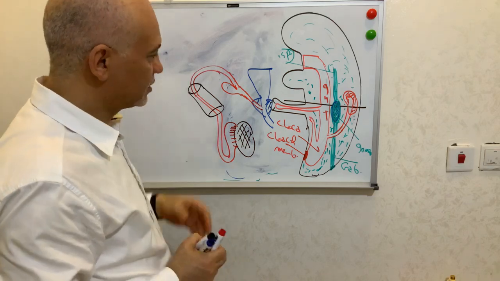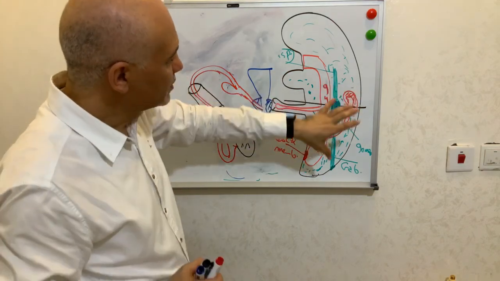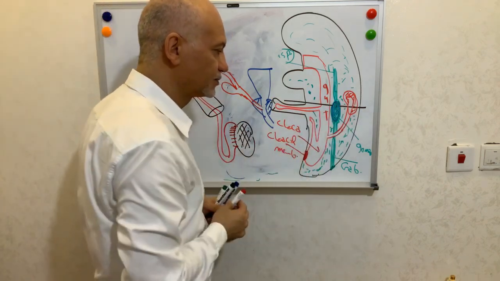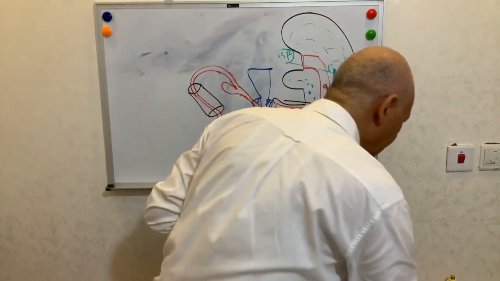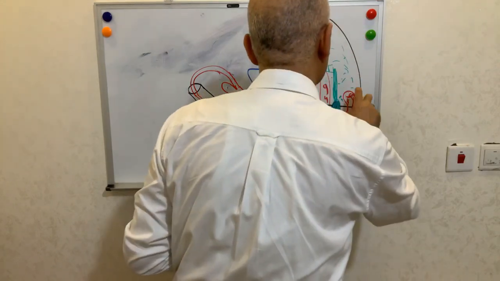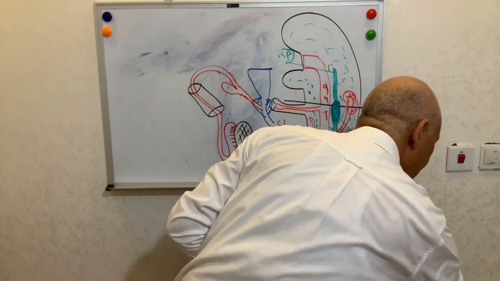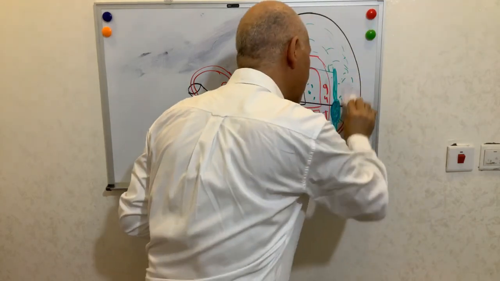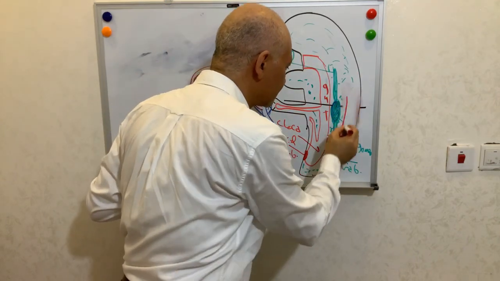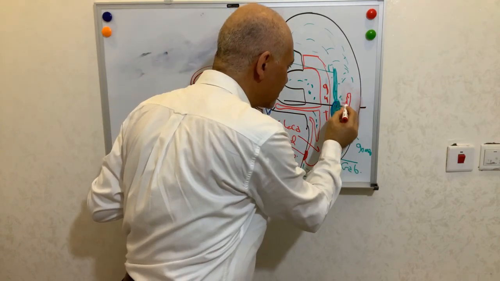Development of the male duct. Suppose this embryo is a male and this is a testis. This is a mesonephric duct and these are the mesonephric tubules.